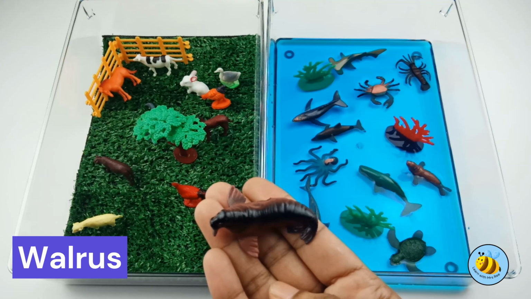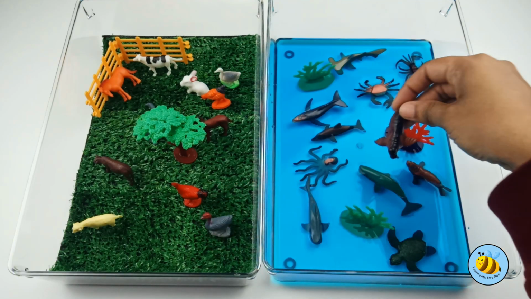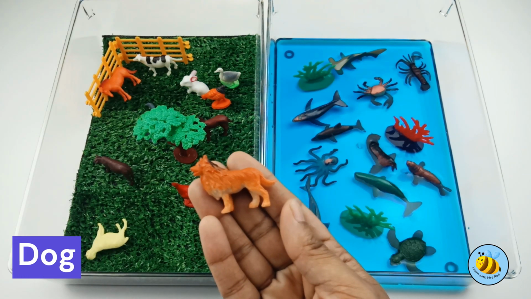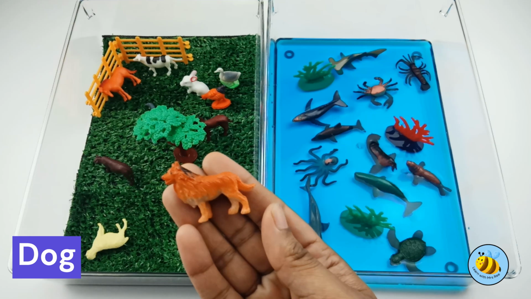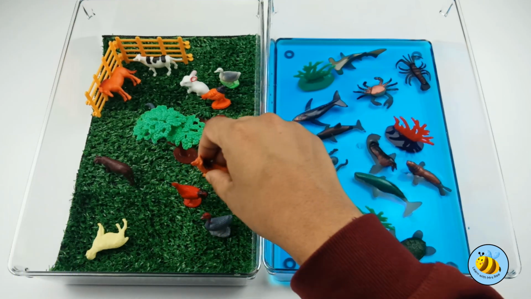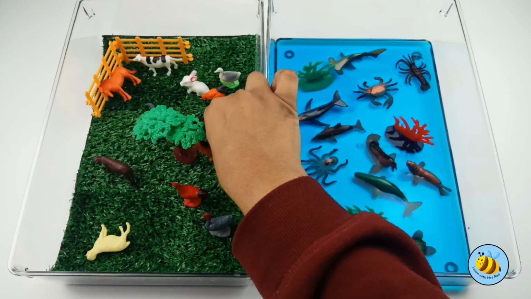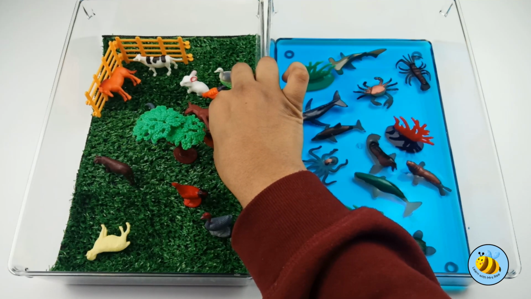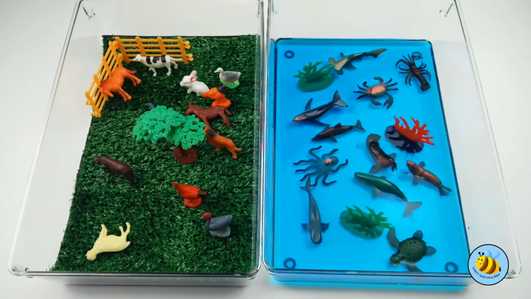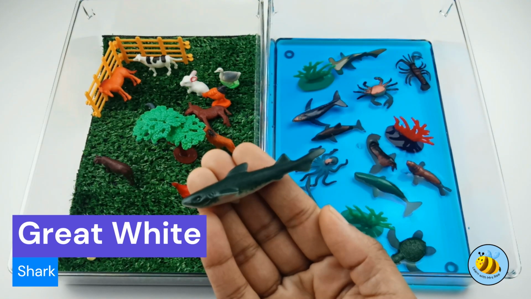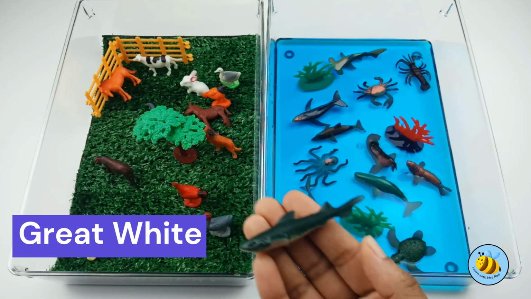A walrus lives in the ocean. This is a dog. A dog lives on land. This is a great white shark, and it lives in the ocean.